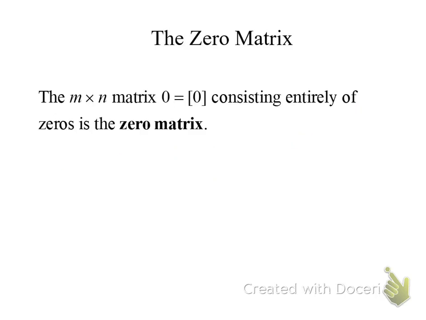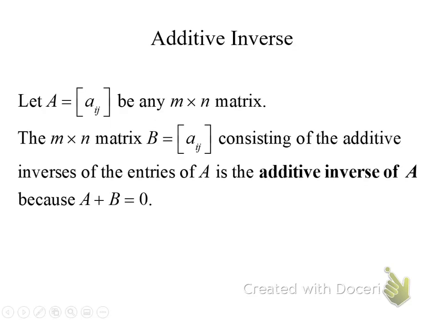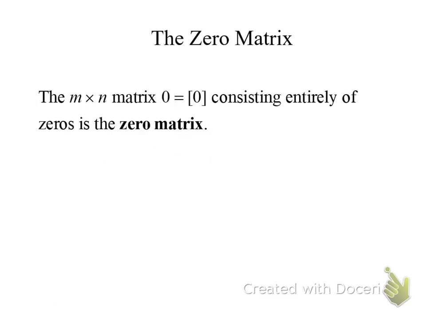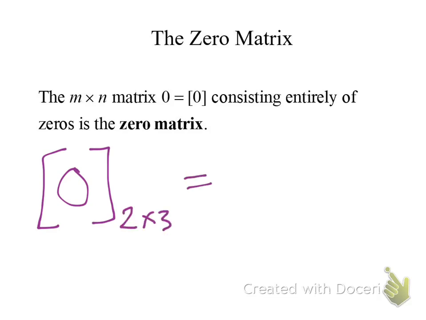So the 0 matrix is going to consist of entirely zeros. If I tell you I have a 0 matrix of order 2 by 3, that means I would have, actually let's change that order because we've been doing a lot of 2 by 3.